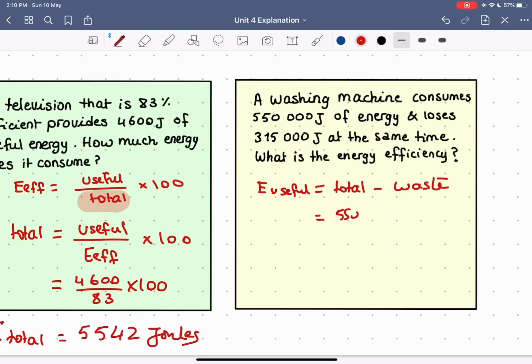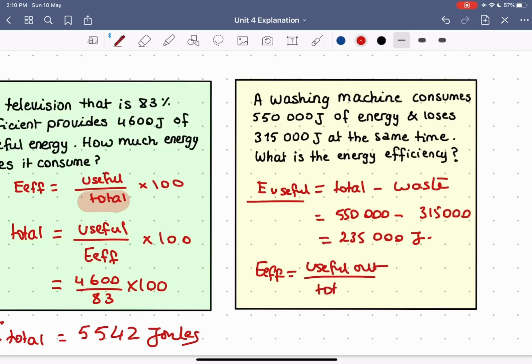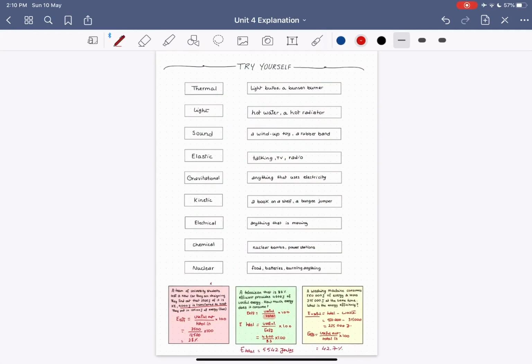So 550,000 minus 315,000, that's 235,000 joules. That's the useful. Again, applying the rule, useful out over total in times 100. I'm not going to substitute the answers. You will get 42.7%. Okay.